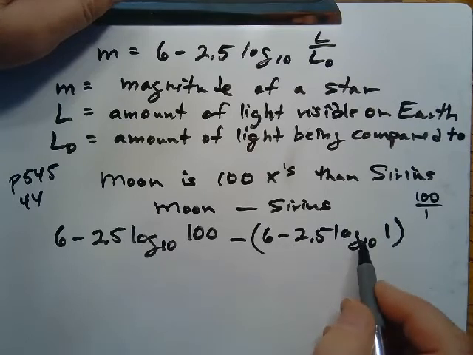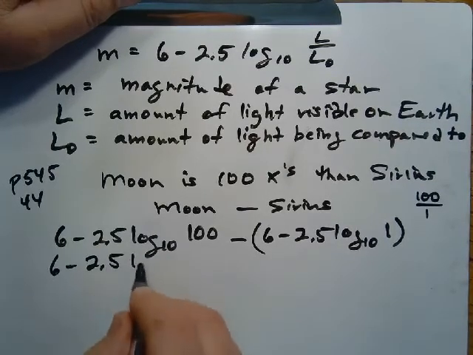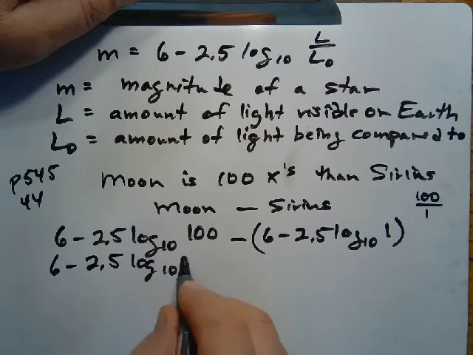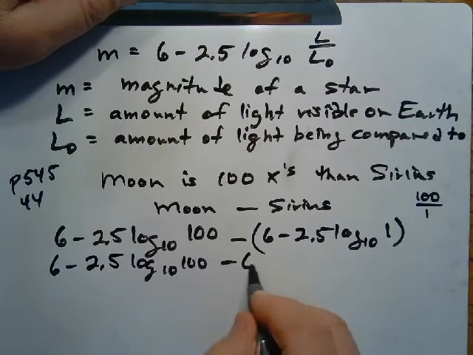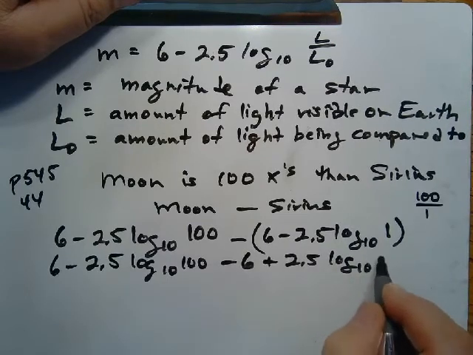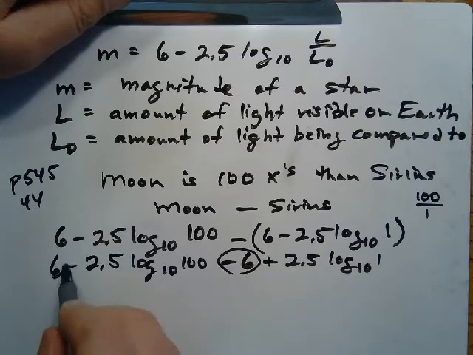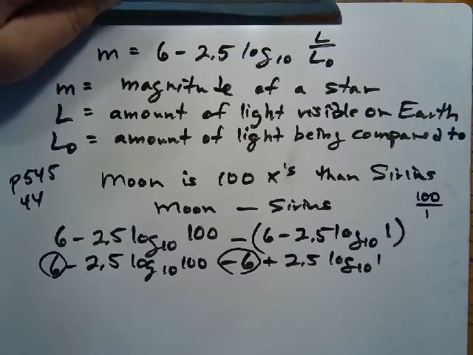Now I need to distribute into this right parentheses here. So I'm going to bring this side down. This is negative 6 plus 2.5 log base 10 of 1. Well, notice that the negative 6 and the positive 6 will go out.